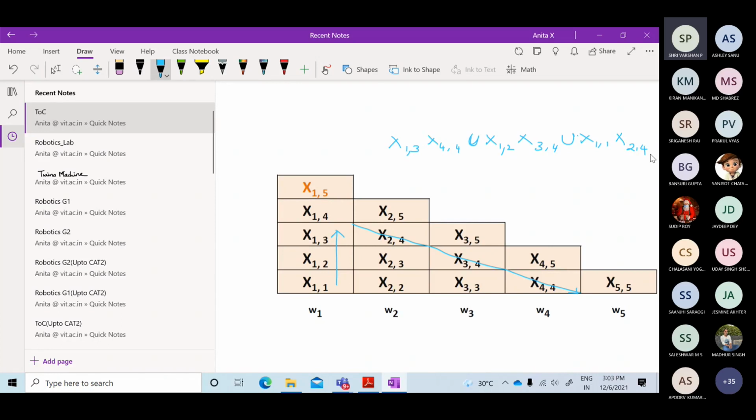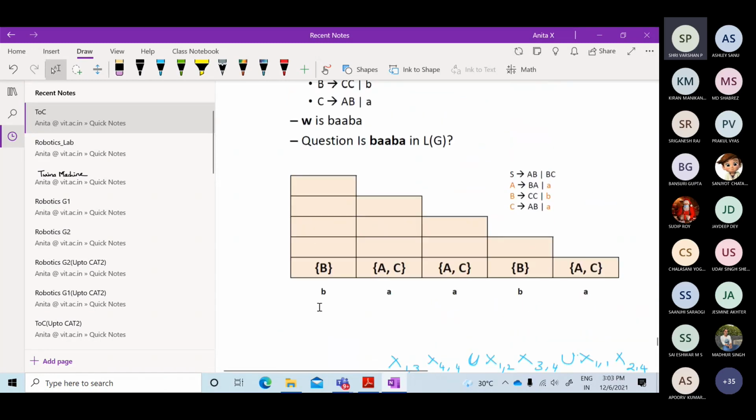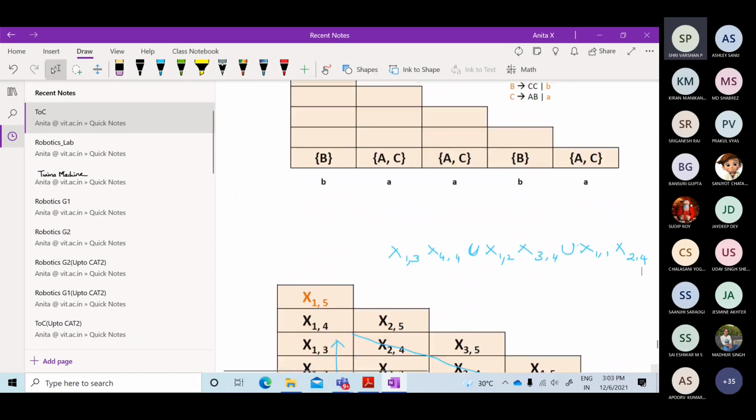Likewise it goes on. Just make a note of this, it will be clear when we see the example. This is how we are going to make entries in this table.